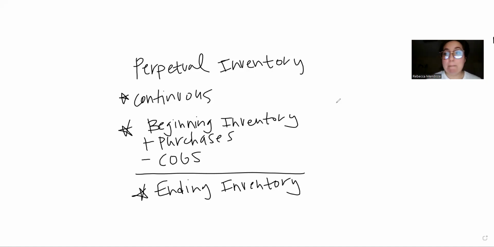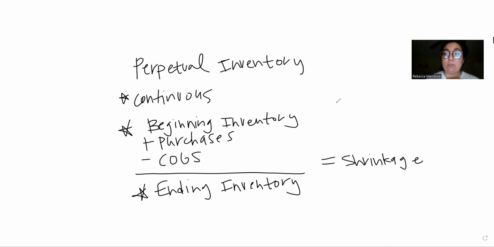If it does not match, that's going to be our shrinkage. Shrinkage is the items that we lost due to theft, due to damage, things like that. So it's stuff that we no longer have in our possession.